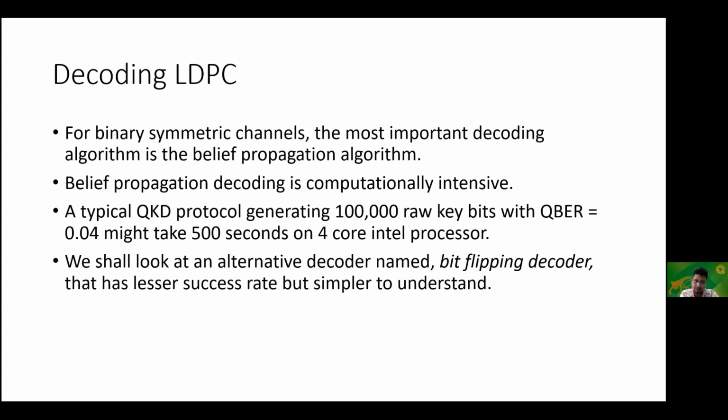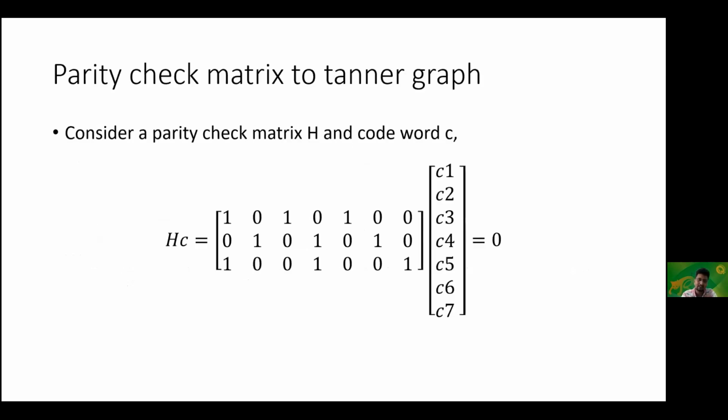And there is this alternative decoder called a bit flipping decoder, which is more of a trial and error decoder, but that's very fast and often successful. So let's briefly see how this bit flipping decoder works.